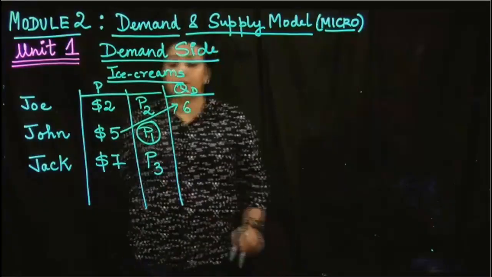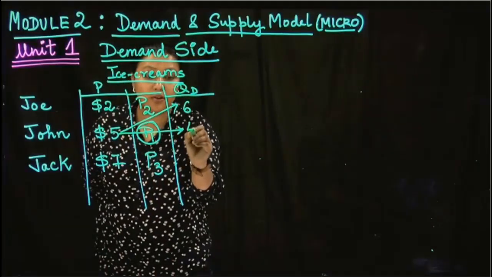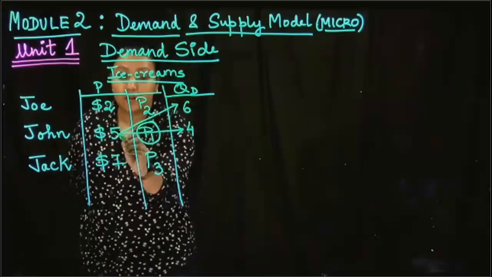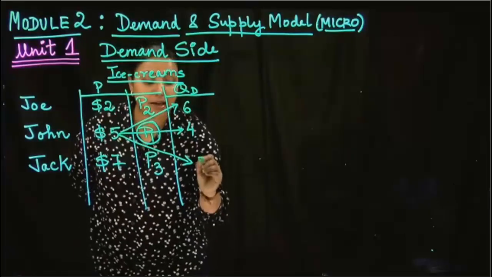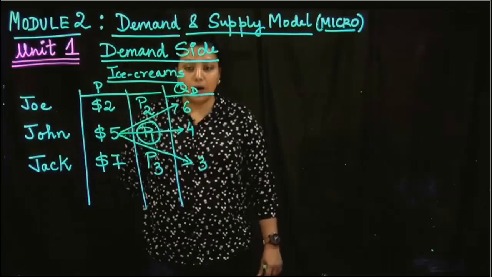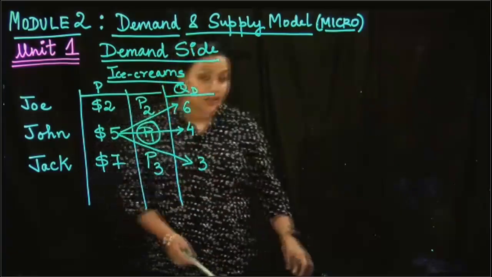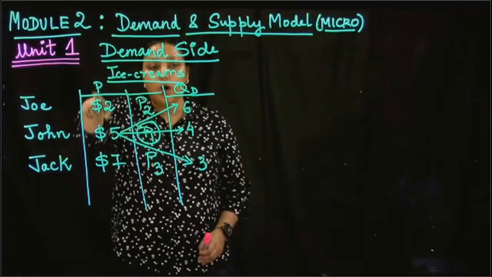Okay, when the price is $5, John wants to buy 4 ice creams, and when the price is $5, Jack wants to buy, let's say, 3 ice creams. Okay, now let us assume that there has been a decrease in price. So the price has gone down to $2.